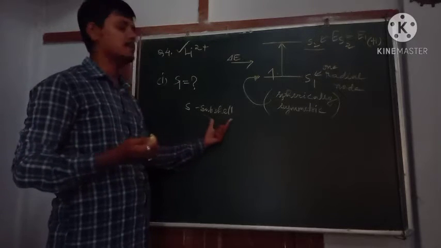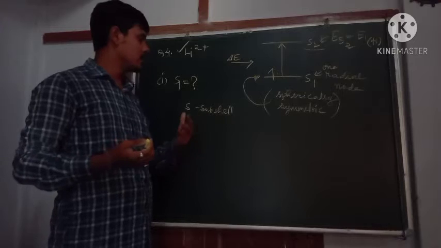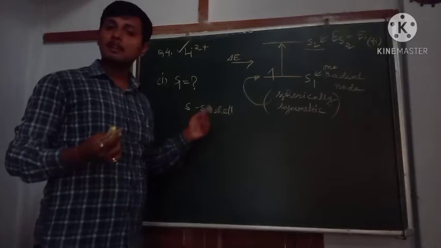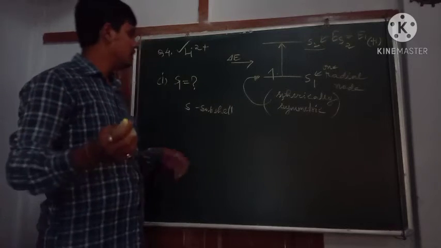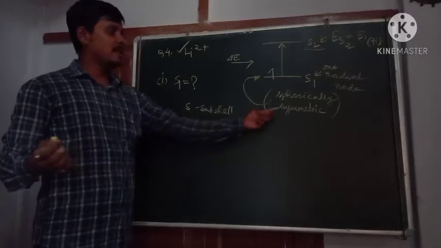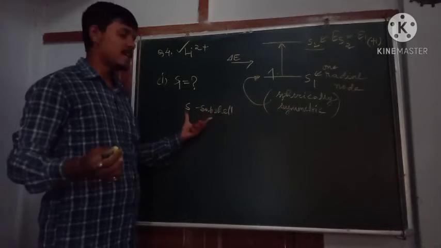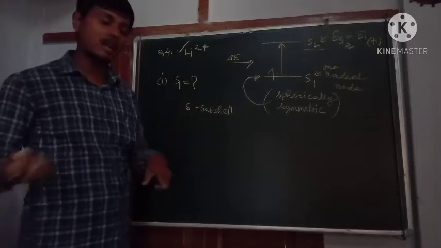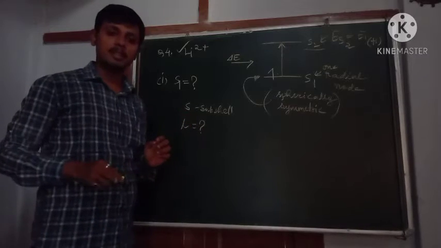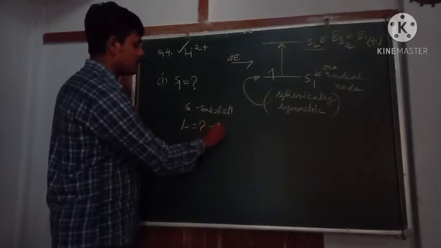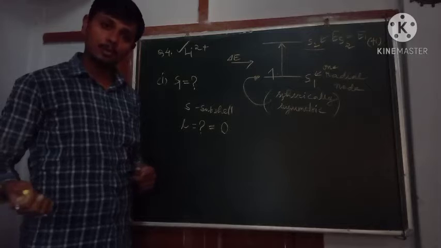Now we need to find out which S subshell it is: 1s, 2s, 3s, 4s? If it is a spherically symmetric level, that means it is S. So what is the azimuthal quantum number in this case? For S subshells, the azimuthal quantum number is 0.